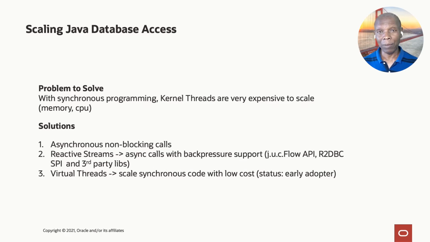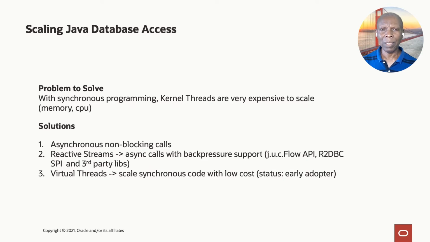Let's say you want to have 5,000 connections to the database. You have 5,000 OS threads that will be competing for the cores of your CPU. So that's a difficult problem. So how did the Java community address this problem?